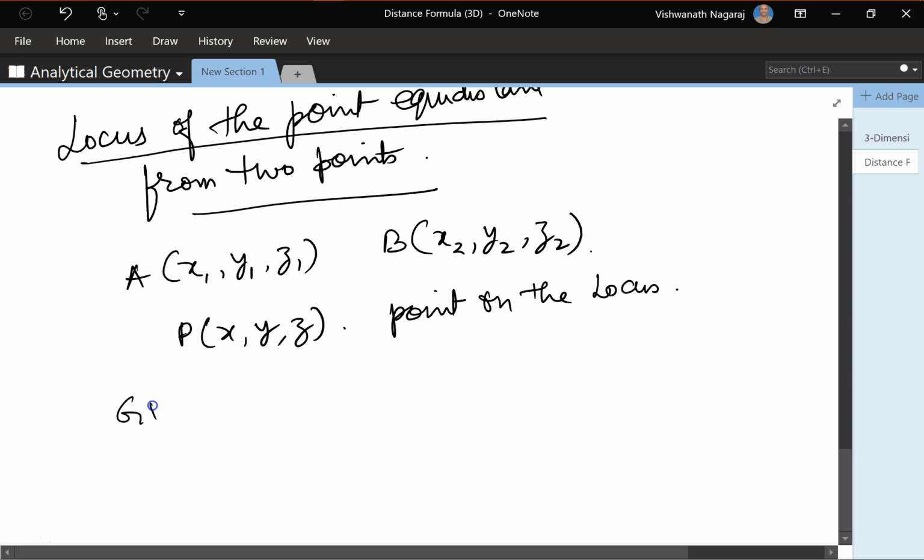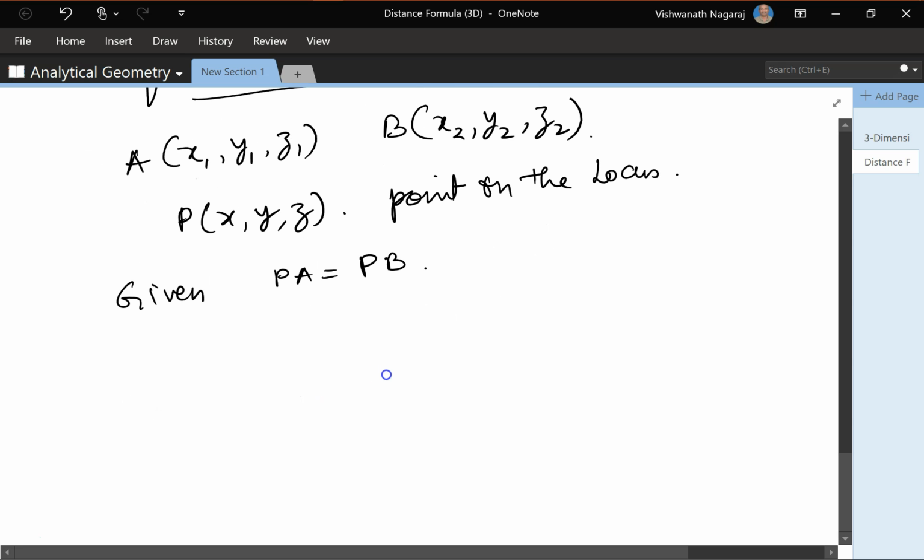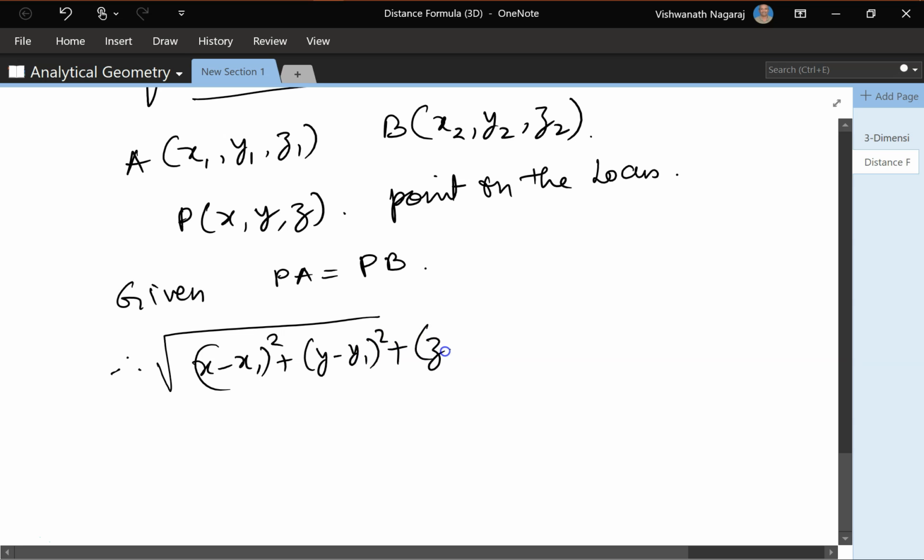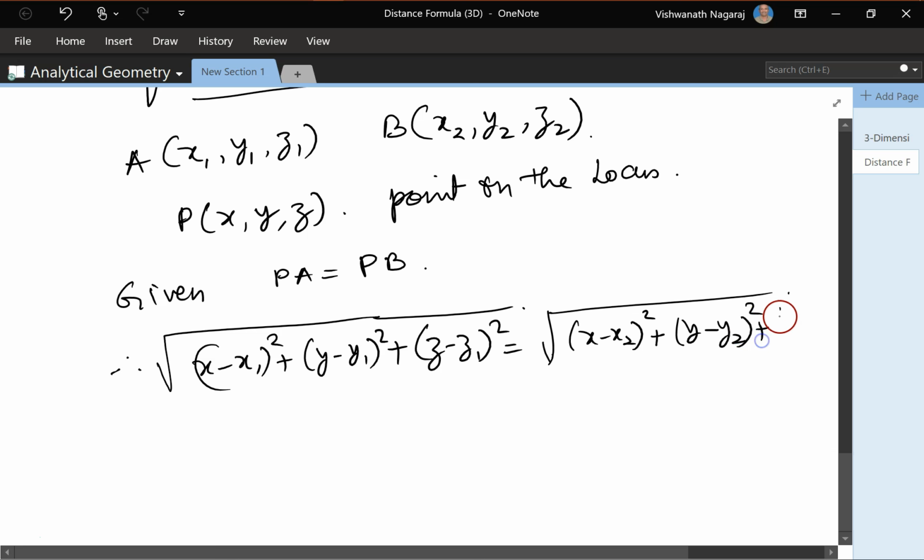So it is given that PA equal to PB. So therefore square root of x minus x1 square plus y minus y1 square plus z minus z1 square is equal to square root of x minus x2 square plus y minus y2 square plus z minus z2 square.